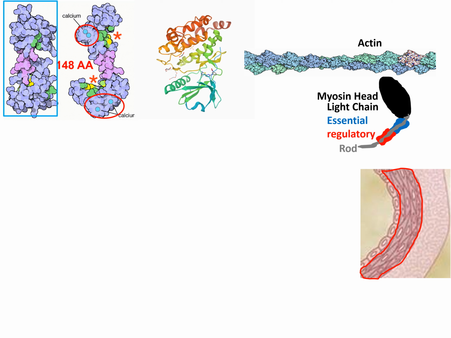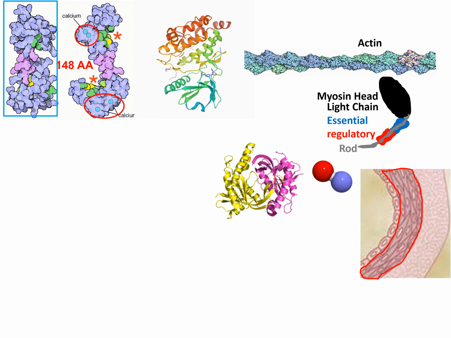On the other side, we have seen that nitric oxide is going to stimulate the soluble guanylate cyclase, and the activated guanylate cyclase will be converting guanosine triphosphate to a second messenger, cyclic guanosine monophosphate.